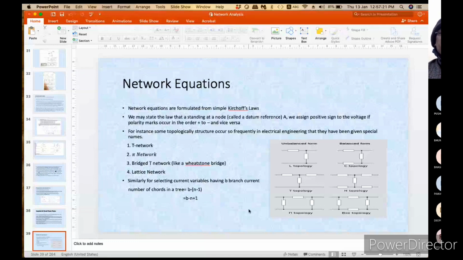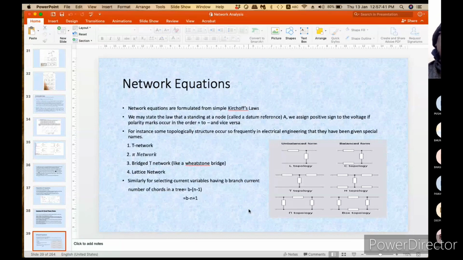So they have been given some special names also. You will find, while reading, T network or pi network or lattice network while solving this kind of equation.